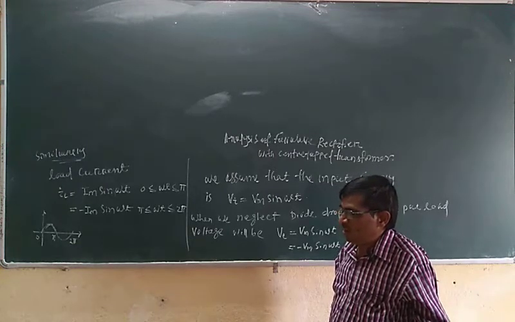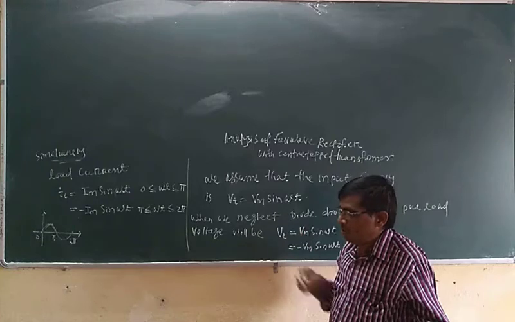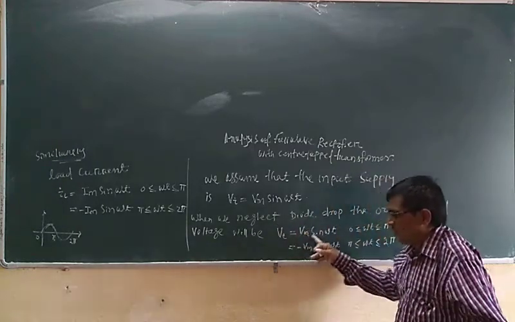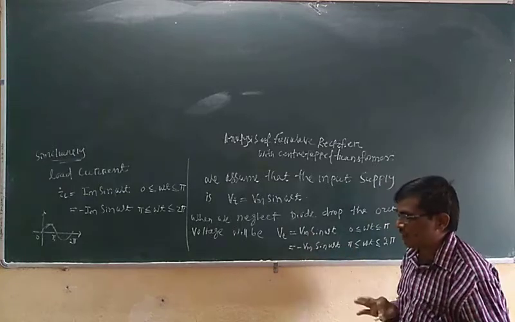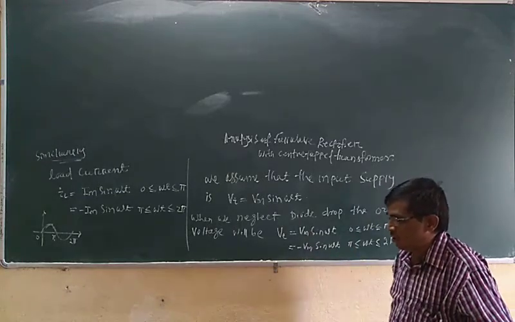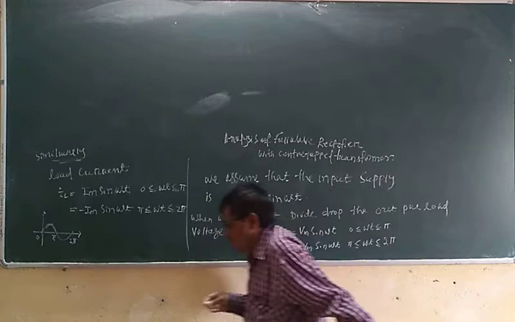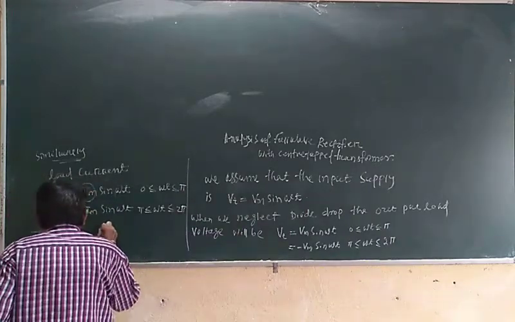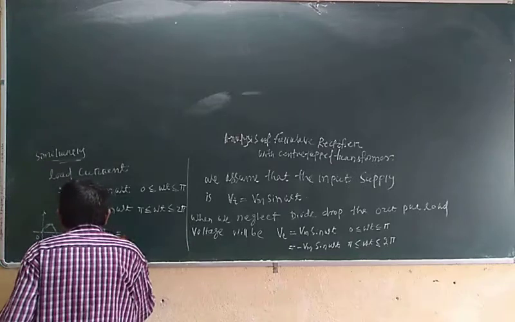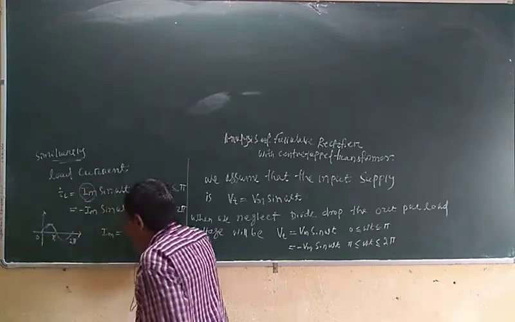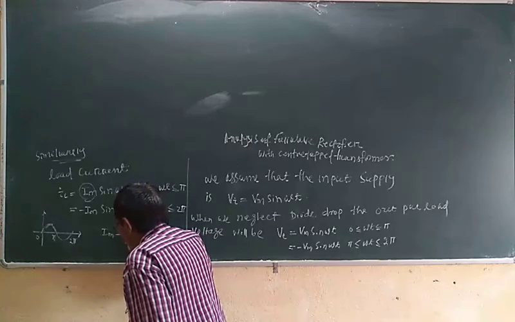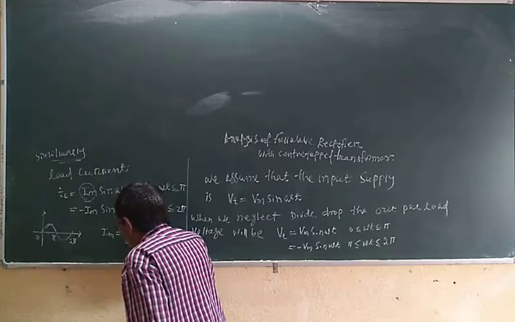When we neglect the diode resistance, then it will be Vm sin omega t and minus Vm sin omega t. So now here for IL, Im is equal to V by R, that is Vm by Rf plus Rl.